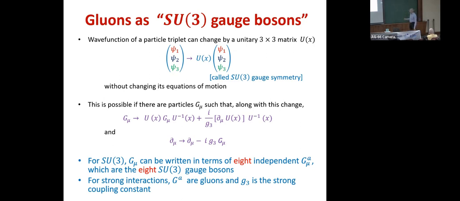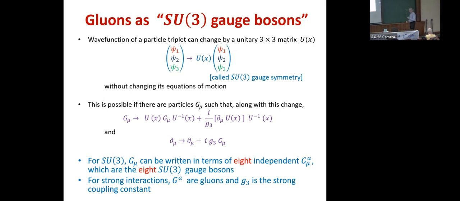And these 8 generators correspond to 8 independent values of G mu A. So A can go from 1 to 8. These 8 components are our 8 SU(3) gauge bosons, which are what we call our 8 gluons. So in analogy with electromagnetism, where we had 1 photon, here we have 8 gluons.